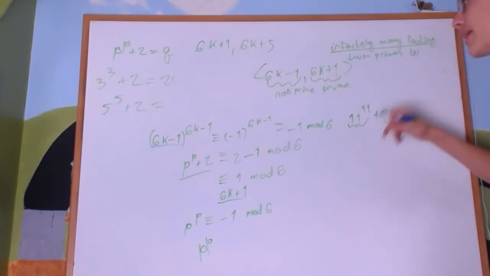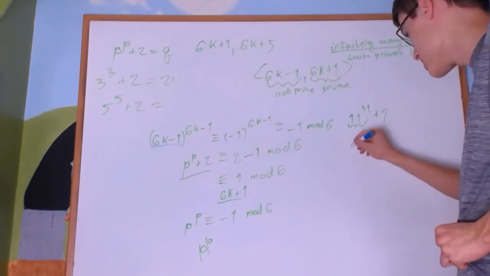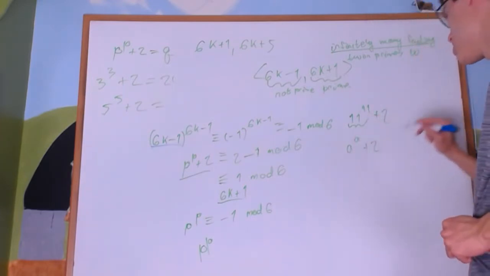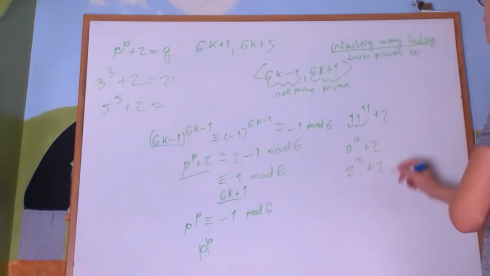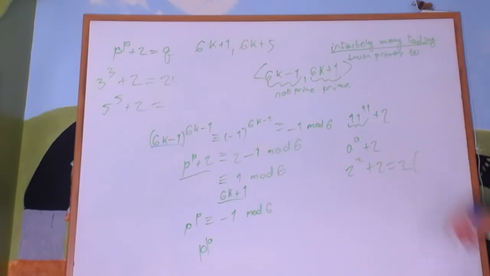So a more general question to ask would be a to the a plus 2. So if a is even, obviously this would be even, 2n. That'd be 4n squared plus 2. That'd be 2 times 2n squared plus 1. And that's sort of weird because you can factor it out into an even and an odd, immediately like that.